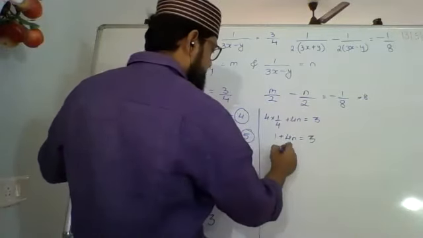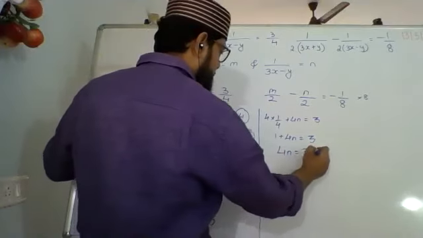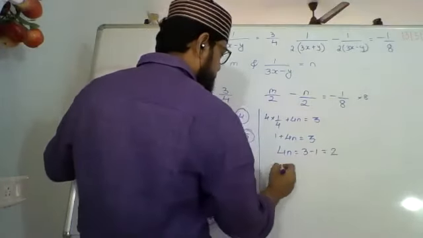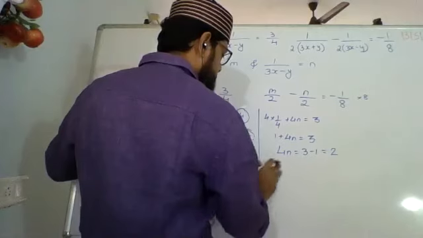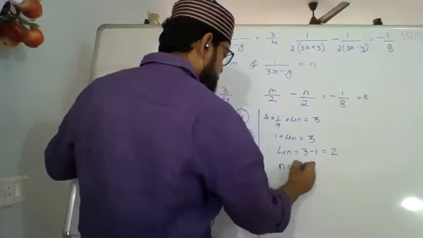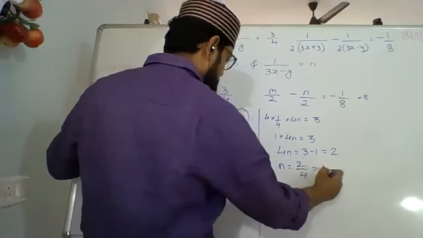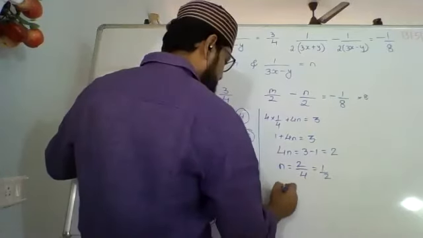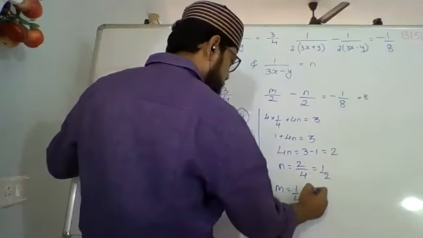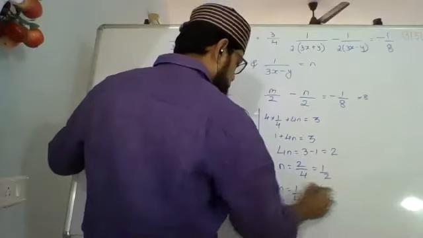Bring this 1 this side, 4n equals 3 minus 1, which is 2. n equals 2 upon 4, which is 1 upon 2. So we have m equals 1 upon 4, n equals 1 upon 2.